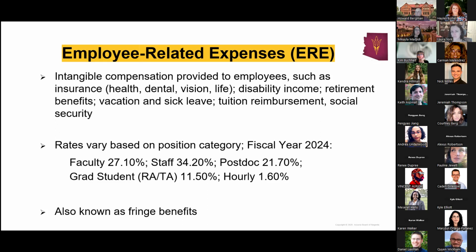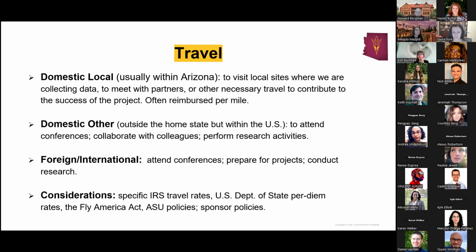And moving on to travel, I will turn it back over to Michaela. So here's a slide on some different categories of travel that you may budget on your proposals. Travel is often requested for project activities and sometimes even required by the sponsor to attend a conference or a meeting.